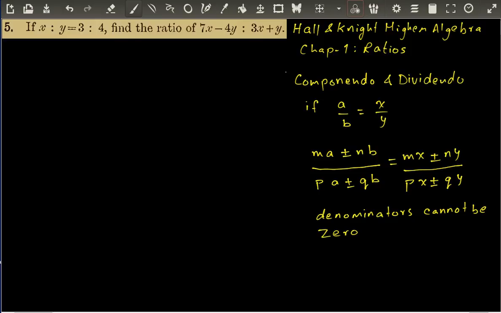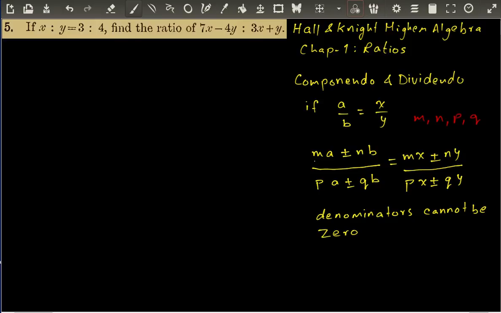Now this is a straight property of ratio. This property is called componendo and dividendo. What it says is, suppose we have two ratios, a is to b and x is to y, and these ratios are equal. Suppose we have four constants m, n, p and q.